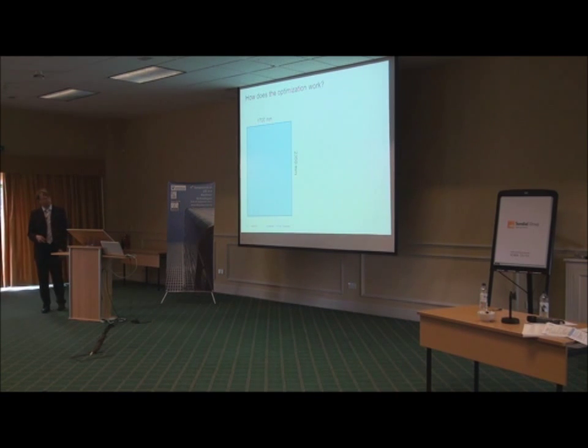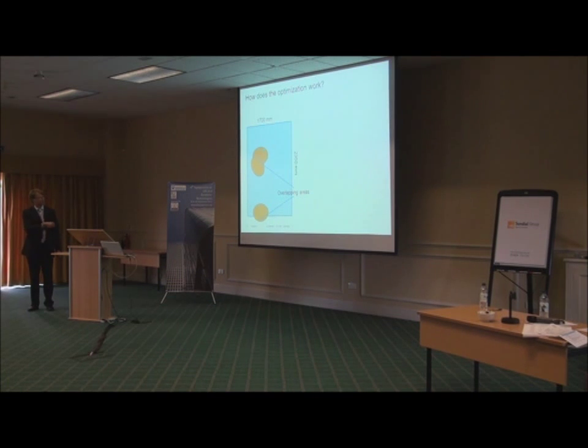And here is a short description of how the optimization works. First there are the dimensions of the lift car. These are now the dimensions of this 2,000 kilo lift. In the beginning the ellipses describing passengers are just put randomly in that space. And here are then the overlapping areas of the ellipses and the walls.